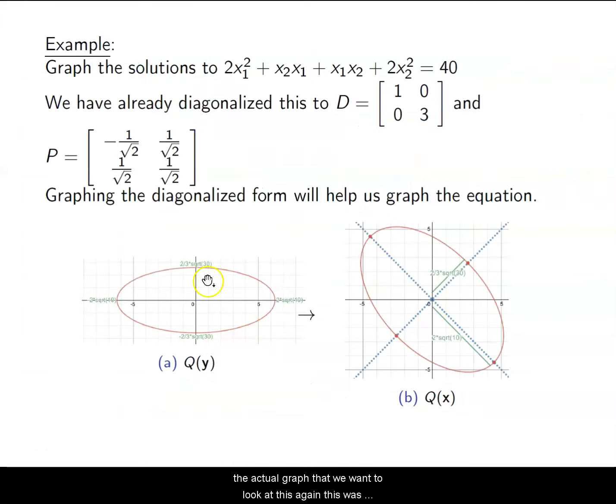Again, this was the diagonal form that we graphed, and then we rotate it according to P. You can think about this as a rotation matrix and figure out what the angle is supposed to be. In this case, it's a nice angle. Or you can think about these as the new vectors, like a change of basis. That's basically what we're doing: a change of basis sort of transformation.